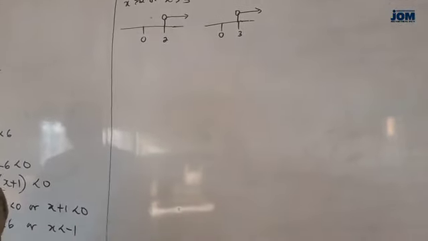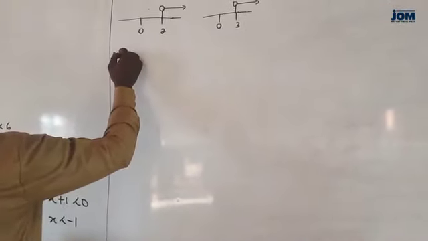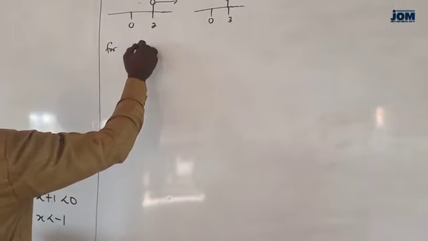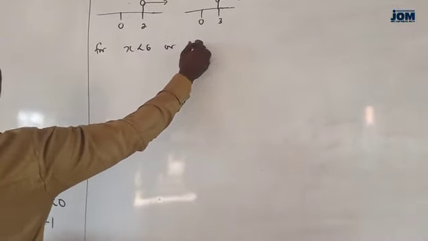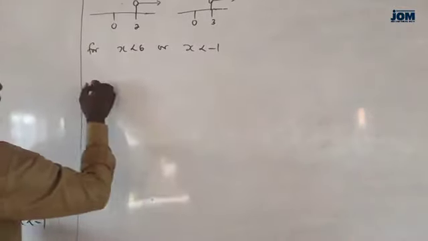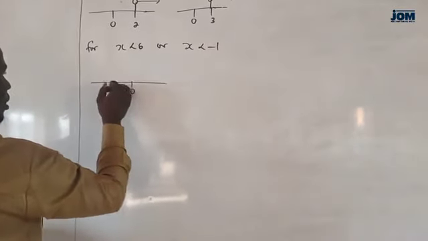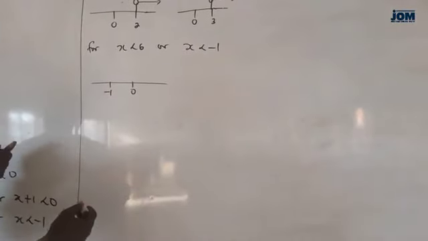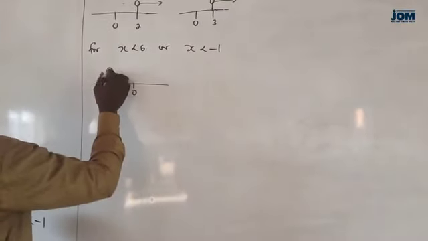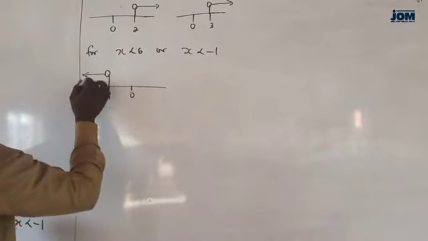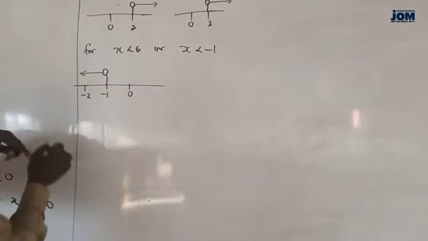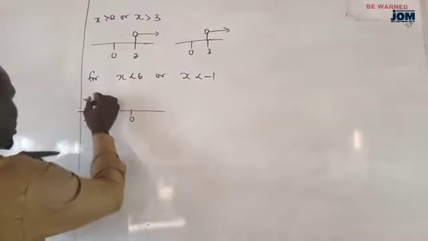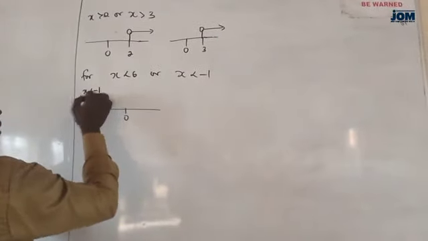Now for the second one, for when x is less than 6 or x is less than 1, this is minus 1. Say x is less than minus 1. So every value can work here. We have minus 2, minus 3, all can satisfy this equation. And this is for x less than minus 1.